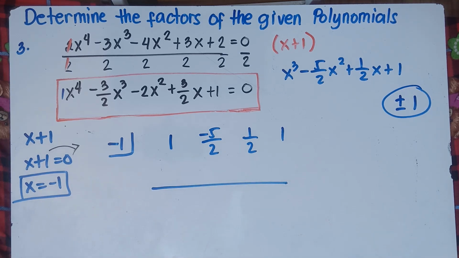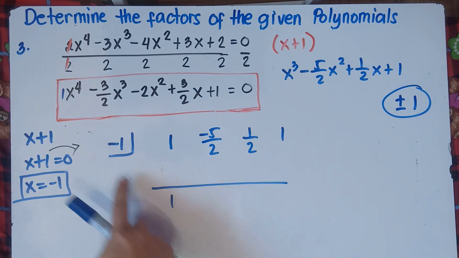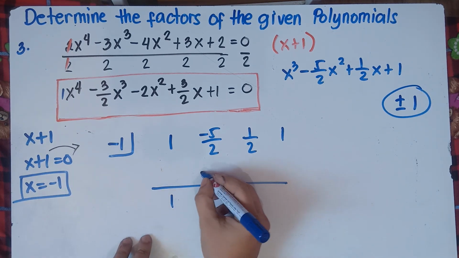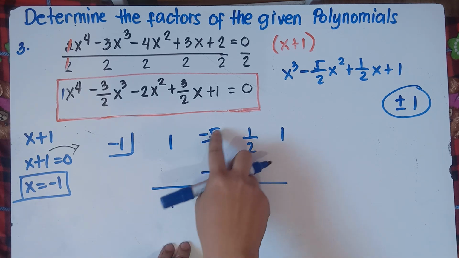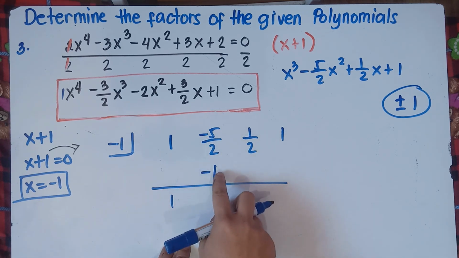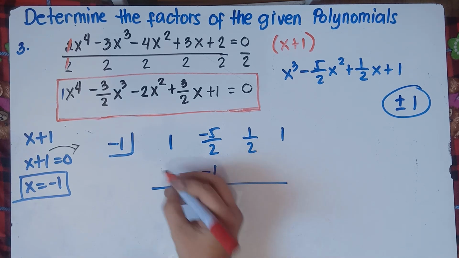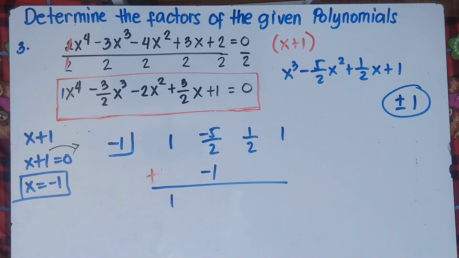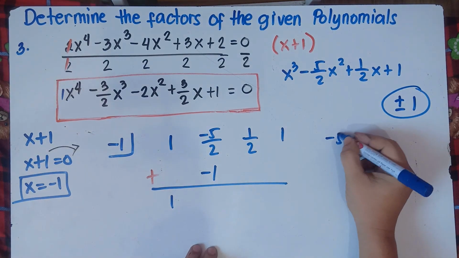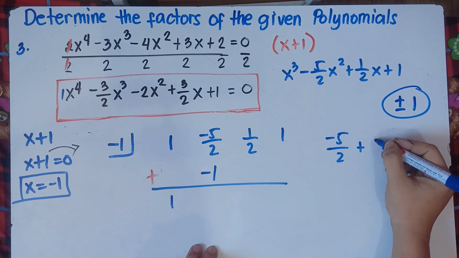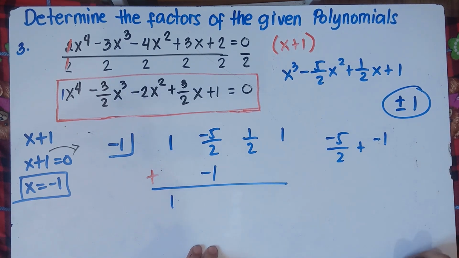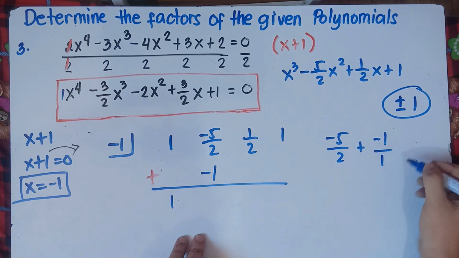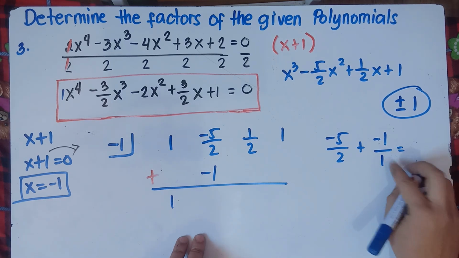First thing to do, you bring down 1. Then you multiply negative 1 times 1, that's negative 1. Then you combine negative 5 over 2 plus negative 1. Once again, they don't have the same denominator. Understood that there's 1 here.